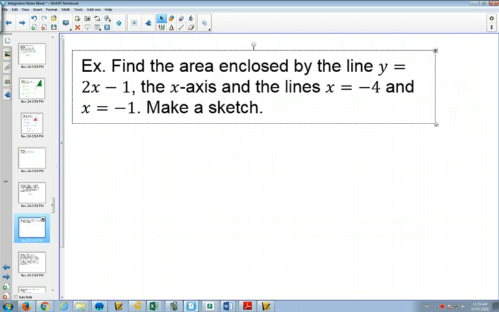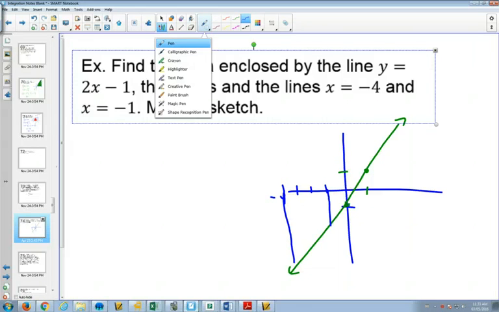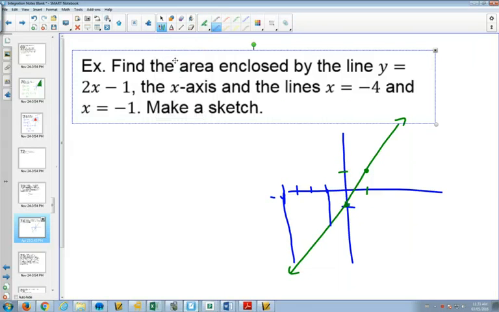Here's our 2x minus 1 function that we drew before. But now if we want to find the area between -4 and -1, this entire area is below.